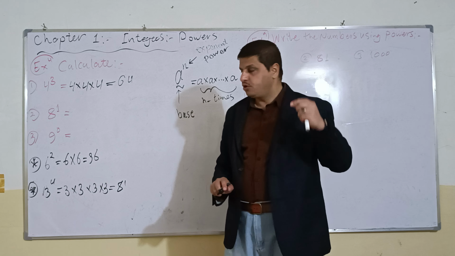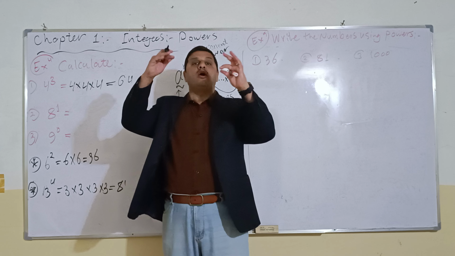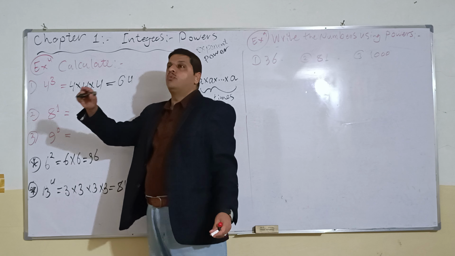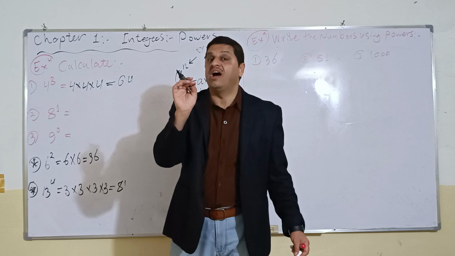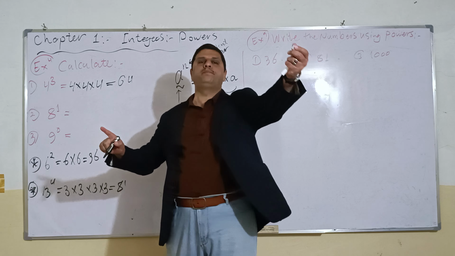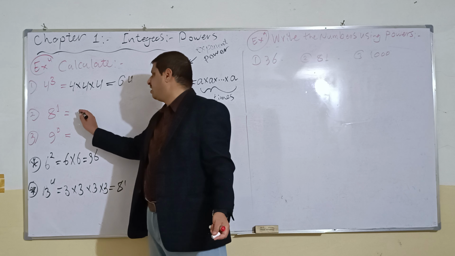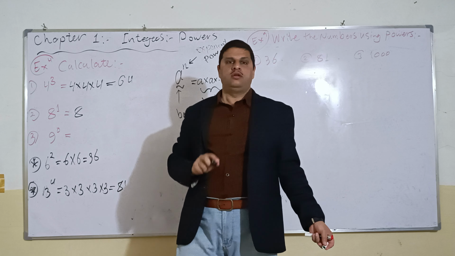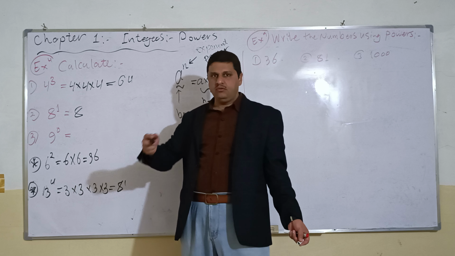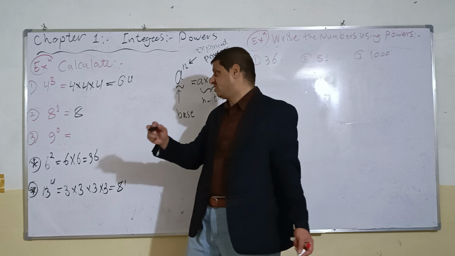I go to the base and multiply it by itself according to the power. Now, we have to note that 8 or any number to the power 1 is the same number. A million to the power 1 equals a million. 70 to the power 1 equals 70.